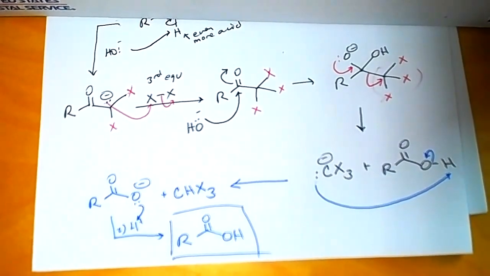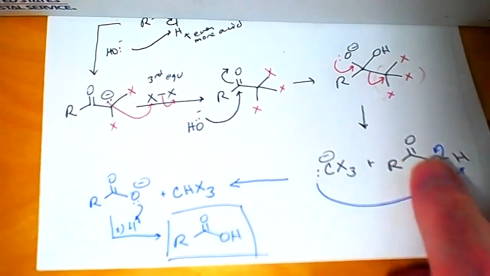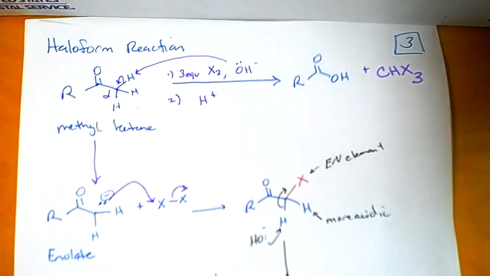Okay, so now having gone through that whole process, it should make a lot more sense as to how and why you needed a methyl ketone to do this, in order to kick out that CX3 group to produce the carboxylic acid.